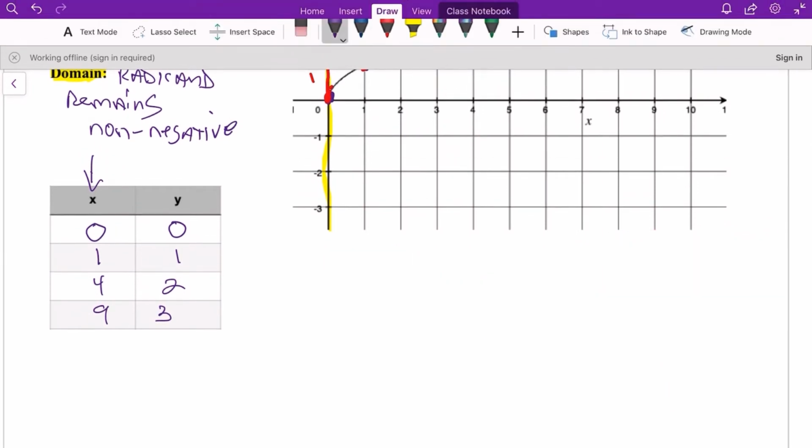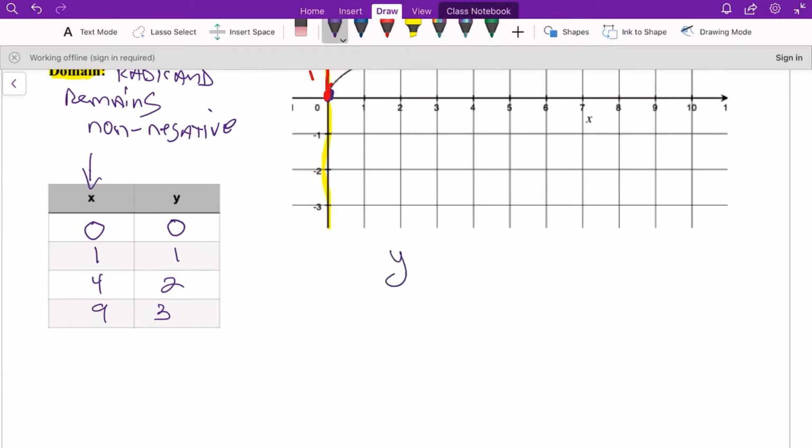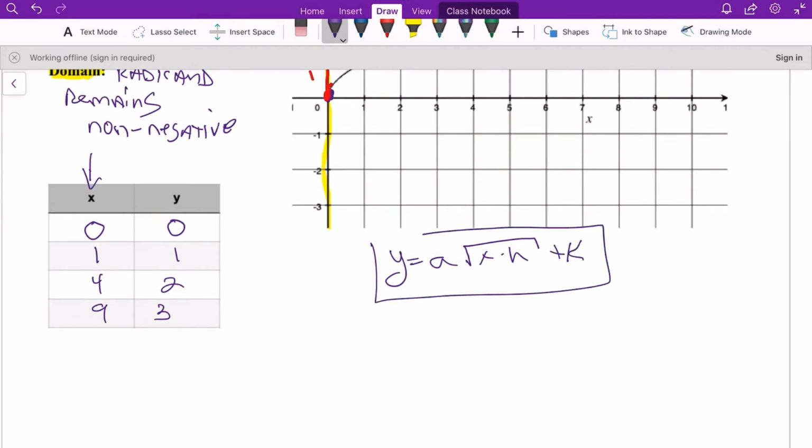I had said a little while ago that the general form of these graphs was y equals a times the square root of x minus h plus k. Let's use this general form on the parent graph, y equals square root of x, just to show you how these pieces would go. Remember, a is always out front, so the coefficient here is 1.